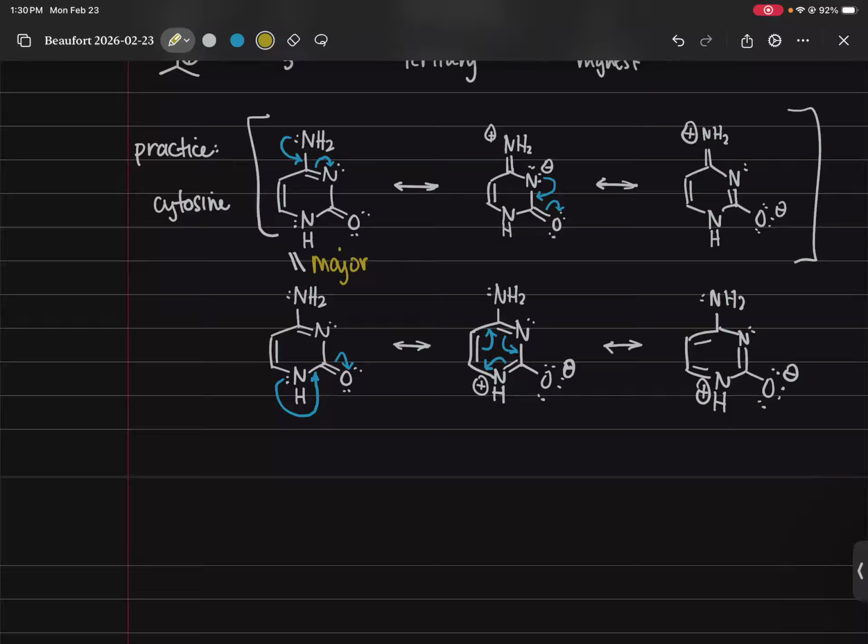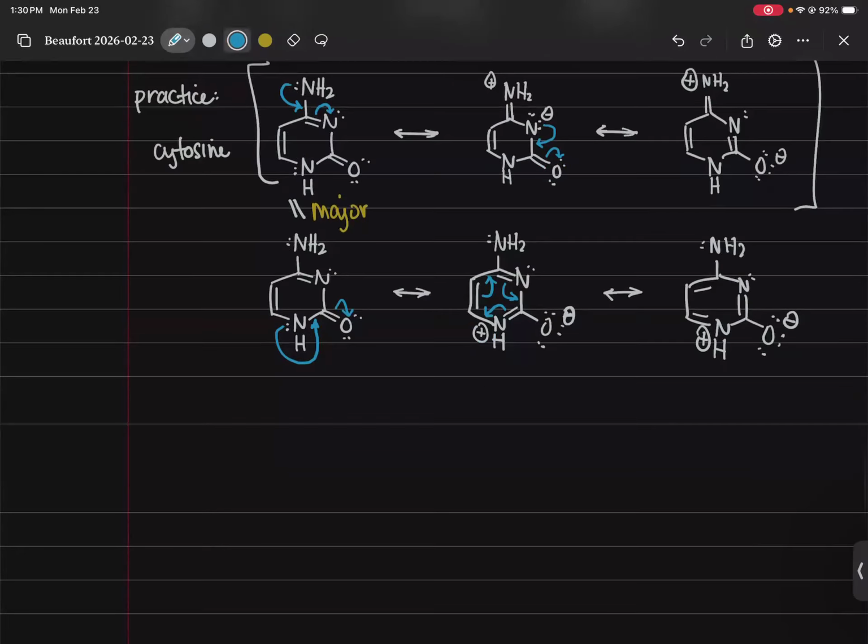Now, I could draw, why don't I do that? I'll draw it based off of this one. So I could draw this resonance structure where, let me see if I can actually get everything else correct.